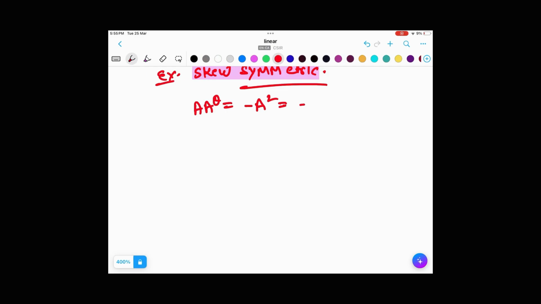So this will be equal to minus A theta into A. So it's a normal matrix.